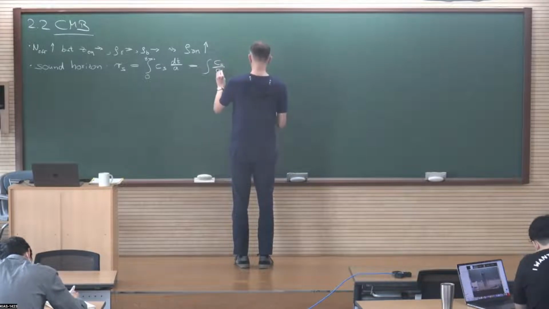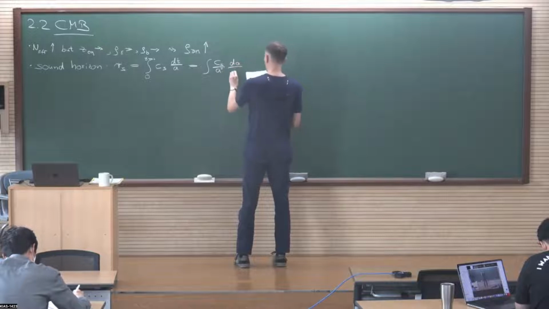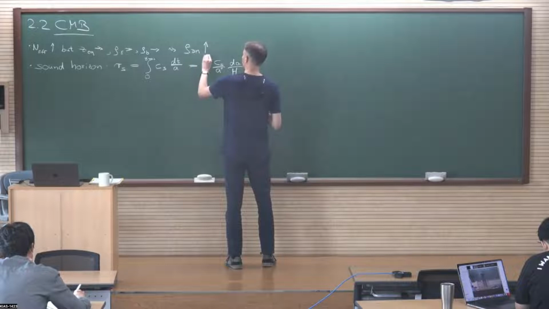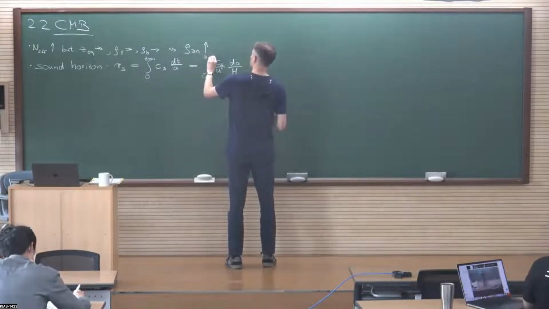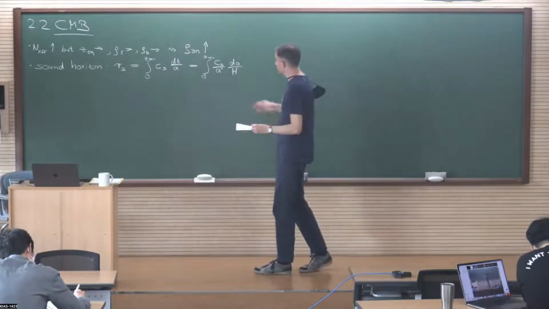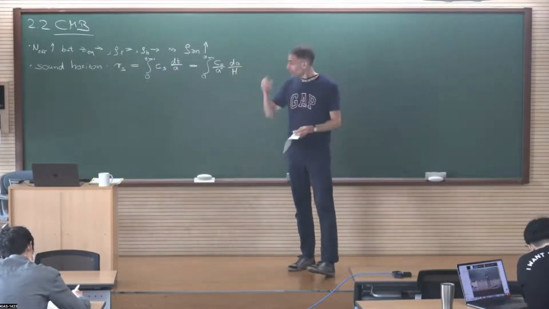We have Cs over a squared dA over the Hubble parameter, and then we go from 0 to a recombination. Of course, we don't really start at 0, but it doesn't matter. Here, Cs is the sound speed in the baryon photon plasma.